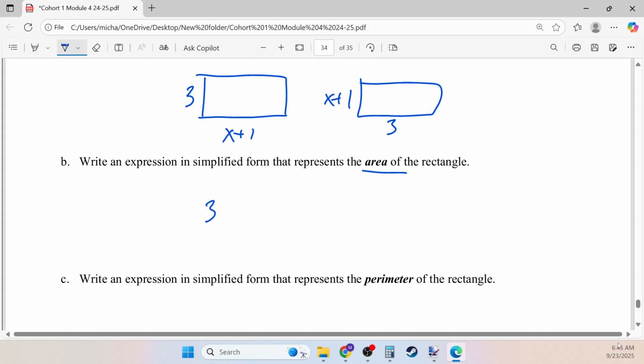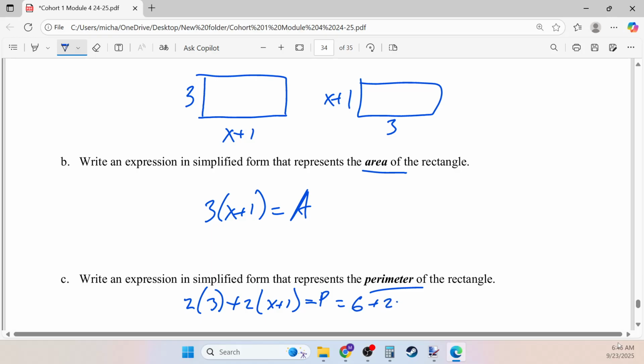So the area would be the length times the width. Perimeter is going to be 2 times the length plus 2 times the width. This is also equal to 2 times 3 plus 2 times x plus 1. Multiplying these together gives us 2x plus 8, our perimeter.